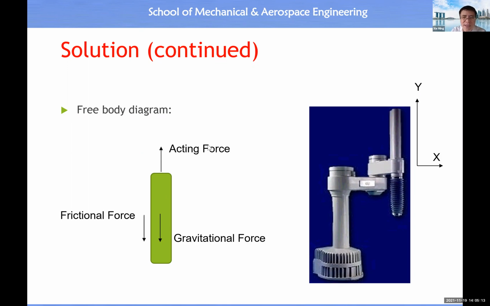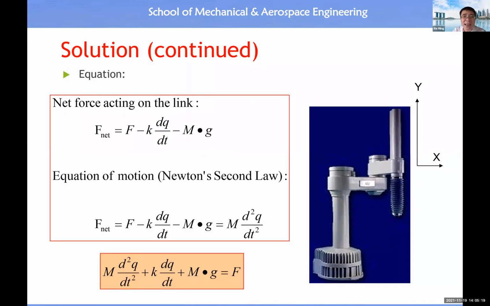We have an acting force, a frictional force, and a gravitational force pointing downward. The net force is the sum of all the external forces acting in the direction of the motion, so in this case we only have 3: the applied force minus the viscous frictional force minus the gravitational force. Then we apply Newton's second law.